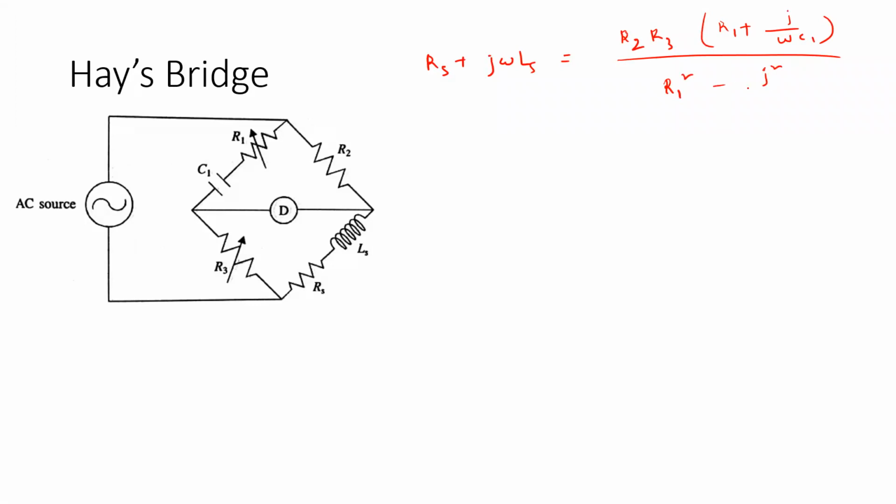As we are multiplying by the complex conjugate, we can easily simplify the denominator here, and we can go on with the process of simplification.